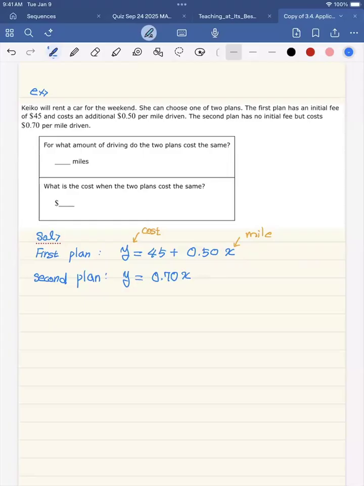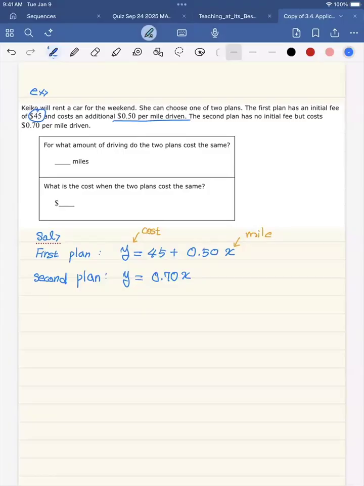Keiko will rent a car for the weekend. She can choose one of 2 plans. The first plan has an initial fee of $45 and costs an additional 50 cents per mile driven.